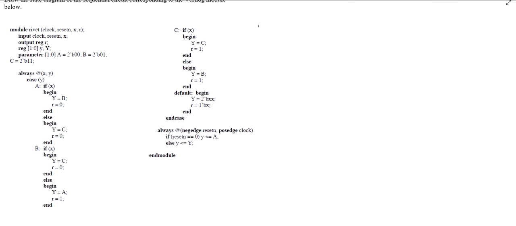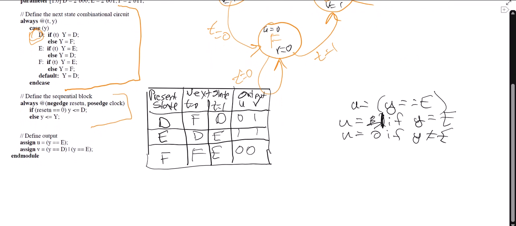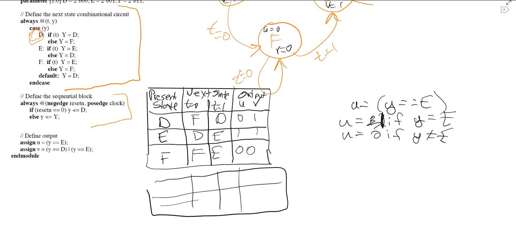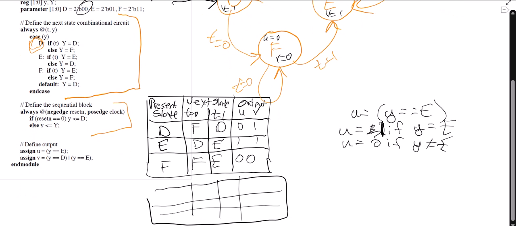By the way, going back to question 1, if after we had done that we had to do a state assigned table, then all we would do from this step is to go here and do the same table. So everything the same, except replace D with 0,0.